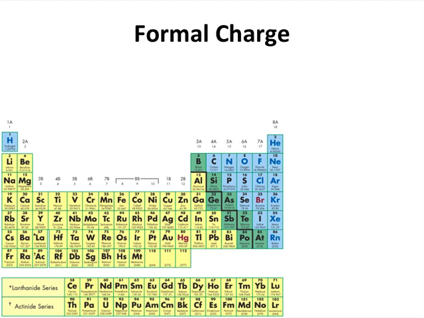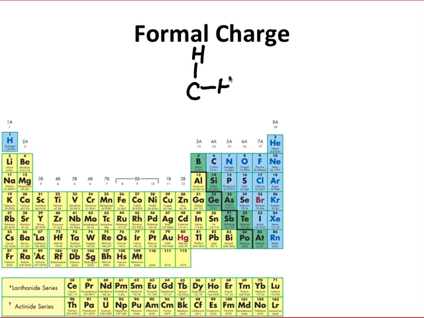So within a Lewis structure, an atom may or may not be neutral. Whether or not it's neutral depends on how many electrons it has around it. To determine formal charge, we take each bond attached to an atom and divide it in two, giving one electron to one of the atoms in the bond and the other electron to the other atom.